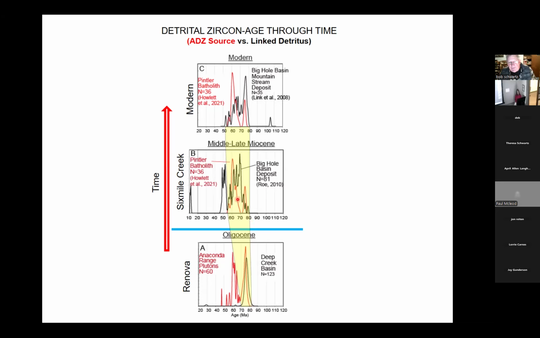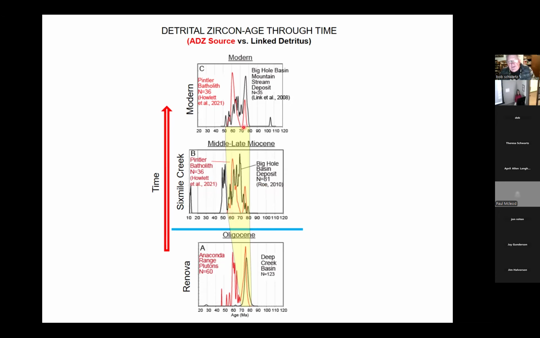When we come up to Six Mile time, the black band is much wider, and it matches this red line plot. Howlett's data comes from the Pintler batholith itself. So this is really a good match. Pintler batholith rocks and Deep Creek Basin rocks, all two micas. But we can see that the age range of detrital zircons is increasing during Six Mile time.